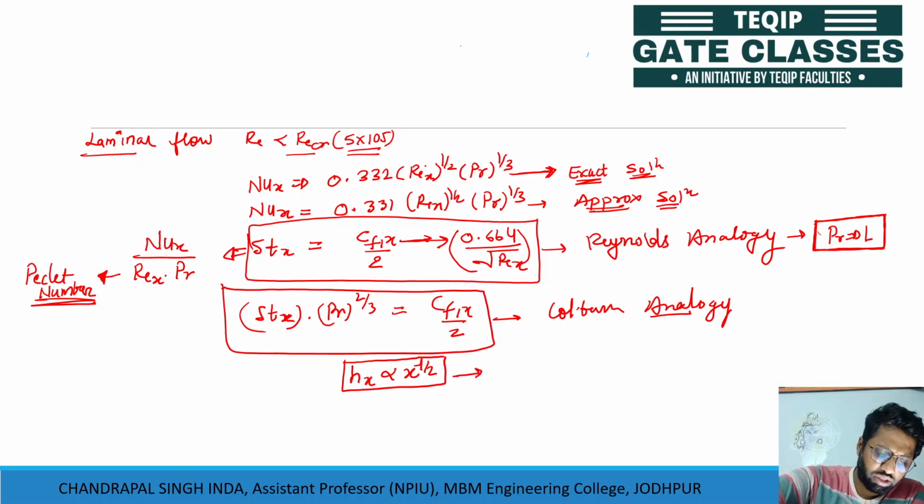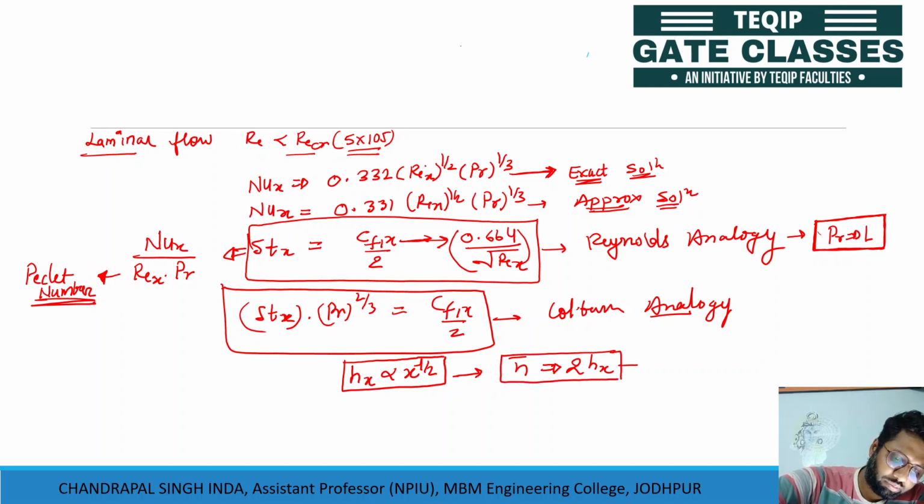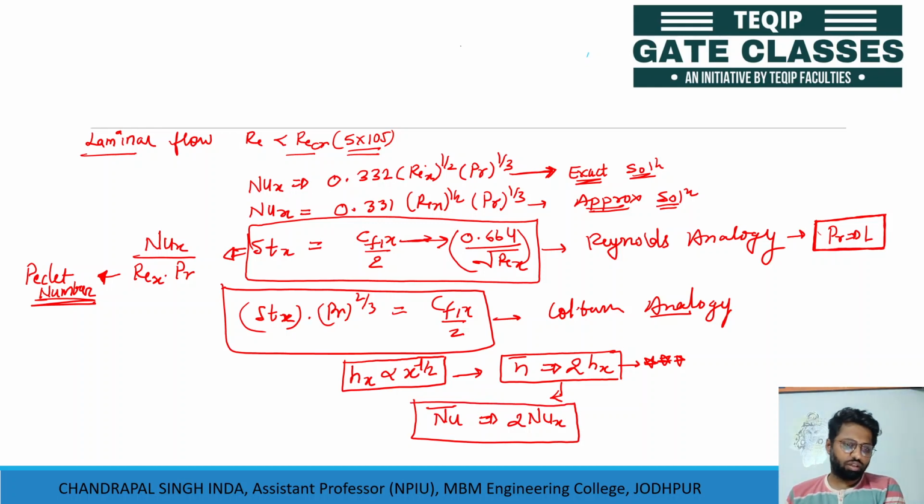By using this result, the average convective heat transfer coefficient is equal to 2 times the local convective heat transfer coefficient. So the average Nusselt number will be equal to 2 times the local Nusselt number. These are the empirical relationships we had for laminar flow.